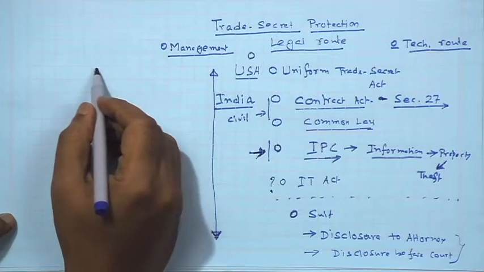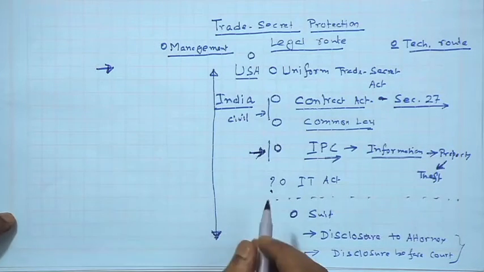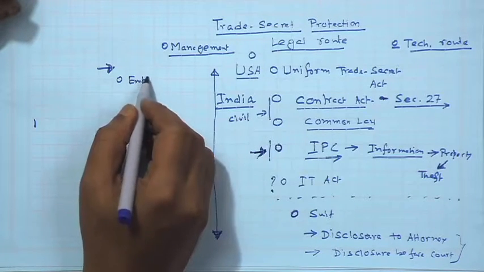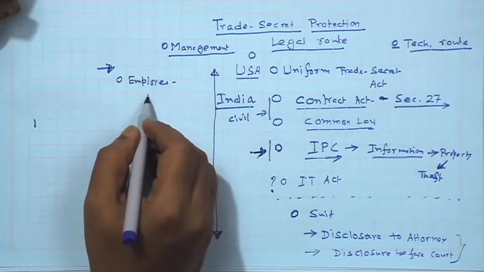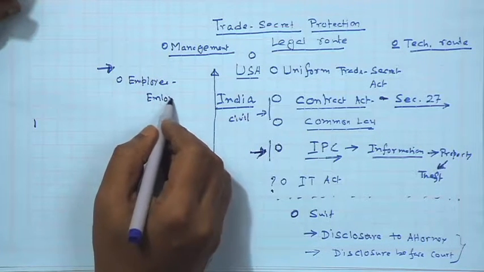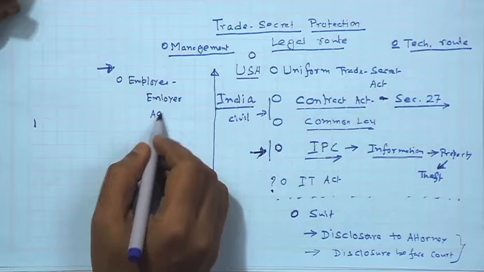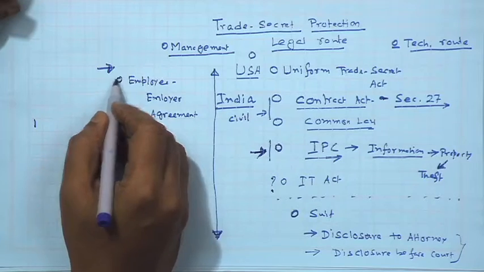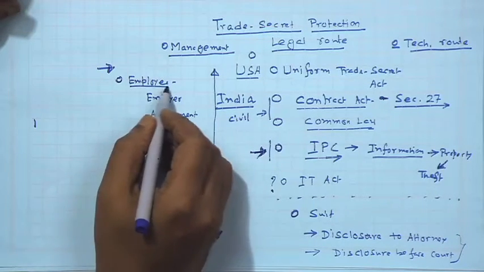Now the management routes. Company-wise, law is there, but what type of strategy will they adopt for protection of trade secrets? Definitely they have an employee-employer agreement.